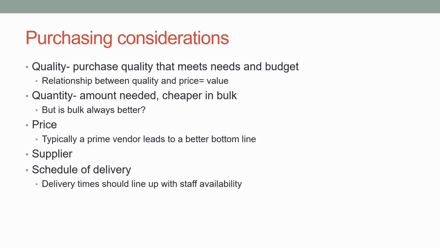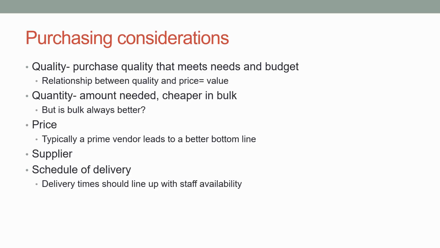The relationship between quality and price then is what we consider a good value or a bad value. So when something is high quality and a good price, that is considered a good value to us. But even if something's maybe a good quality but a really high, out of our range price, that's probably still not a good value to our organization. So all of those things need to be taken into consideration.